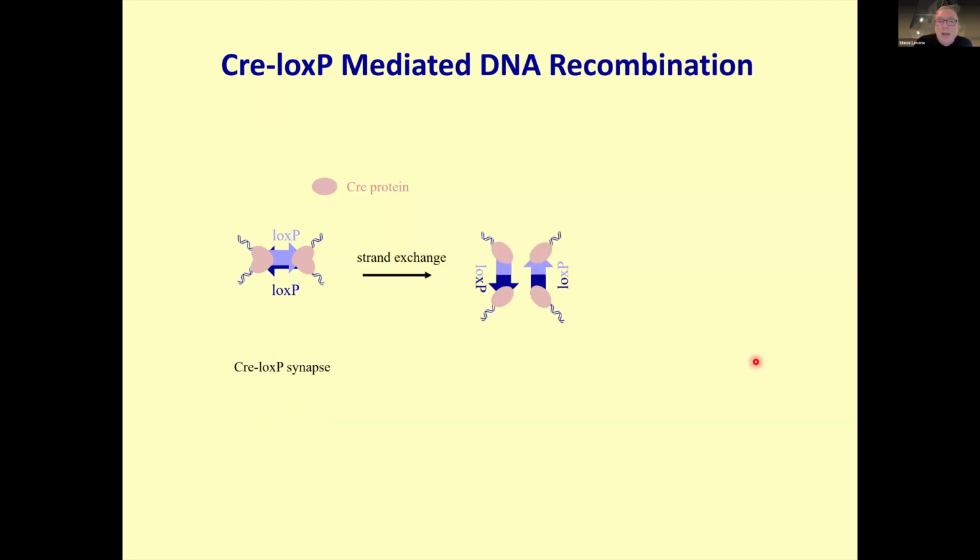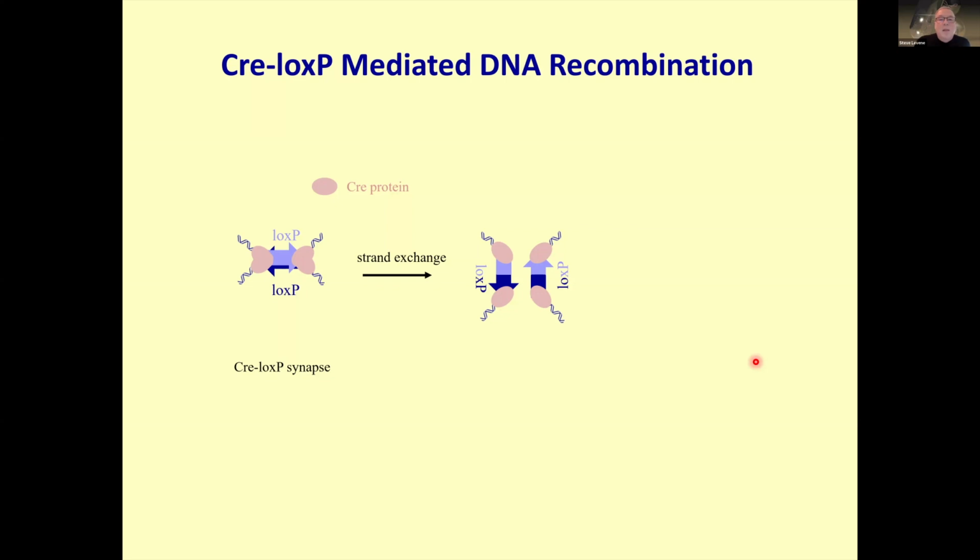The strand exchange reaction involves breakage of both DNA duplexes, so formation of two double-stranded breaks, and then by means that are still not entirely clear, exchanged in a reaction that religates the DNA and now forms a pair of chimeric loxP sites. The chimeric loxPs are indistinguishable sequence-wise from the parental loxPs.